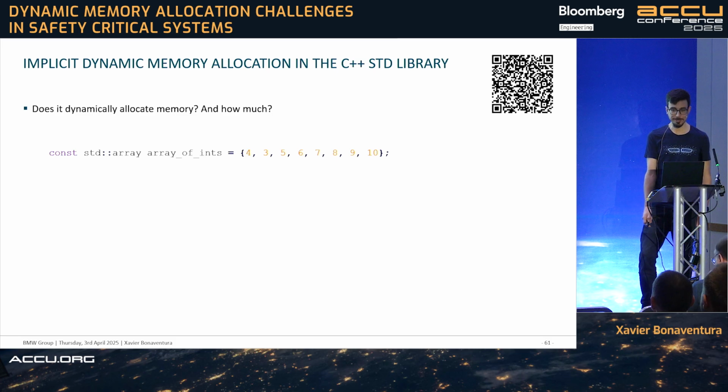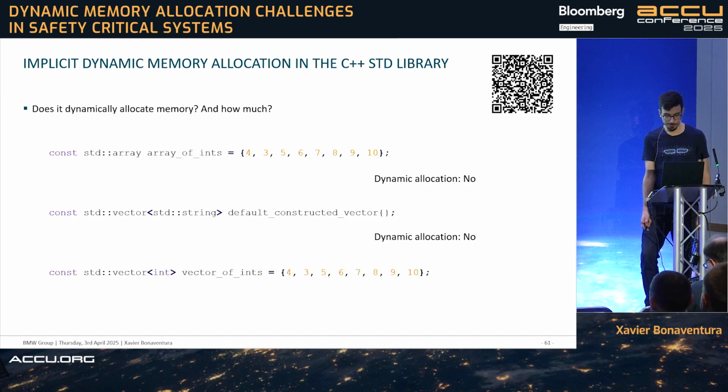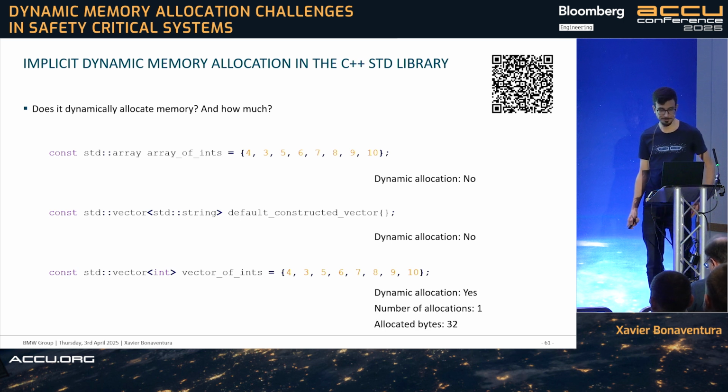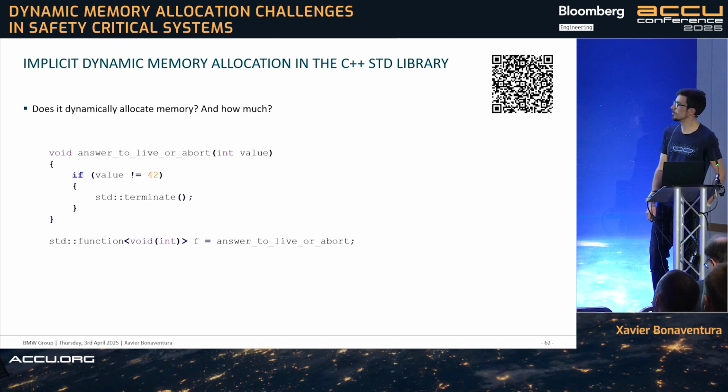What about a std::array? Correct. What about a std::vector default constructed? No. What about a std::vector of 8 elements? Yeah, sure, 32 bytes. What about a std::function where we provide a function that basically gives you 42 or just terminates?